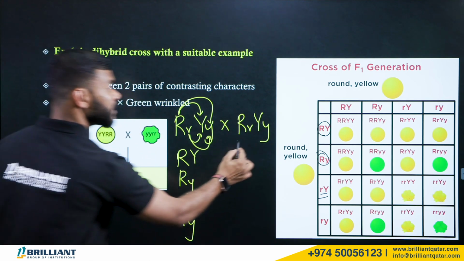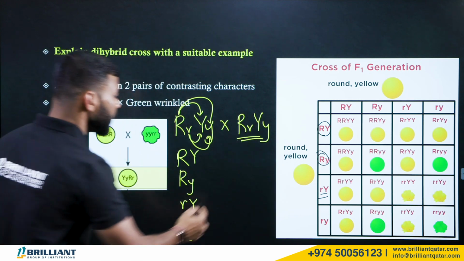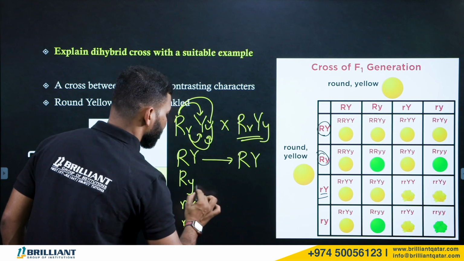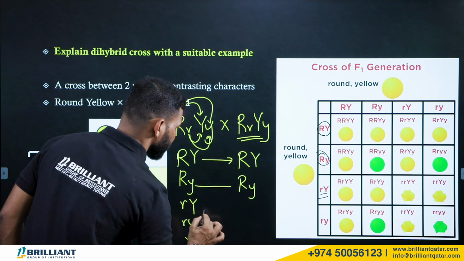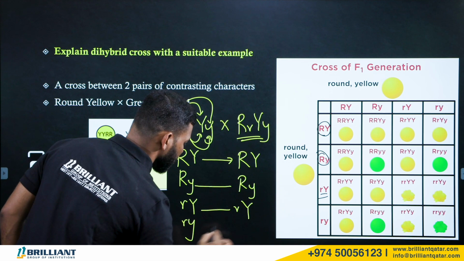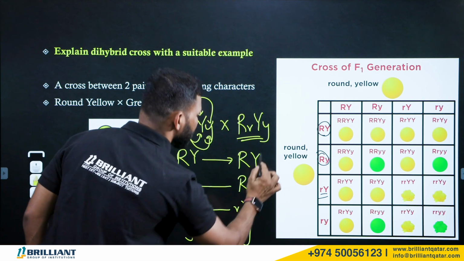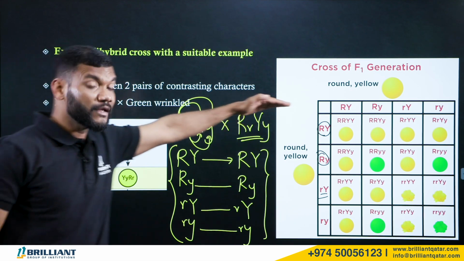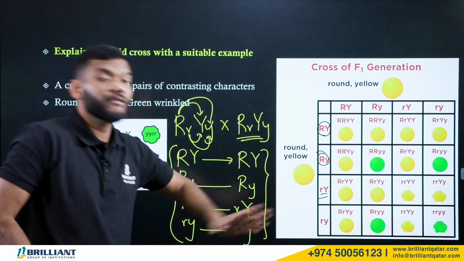So this is also the same parent, right? That means they will also get the same gametes: capital R capital Y, capital R small y, small r capital Y, and small r small y. So one side we will be getting 4 gametes, and this side we will also be getting 4 gametes.